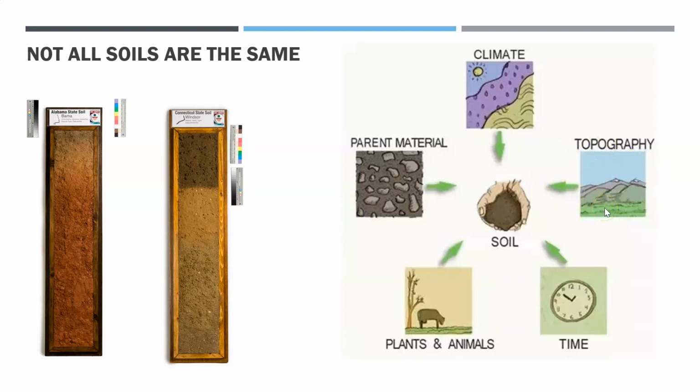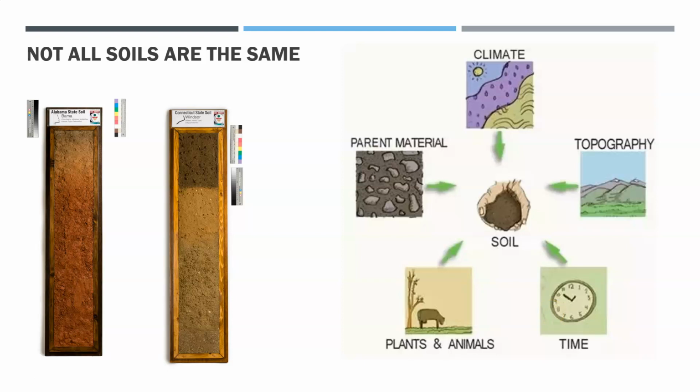We can also be impacted, our soils are impacted by the topography. So the slope of the land determines how quickly that parent material and the subsequent soils are eroded away, so washed away, and where they're deposited and how much sunlight they get. So this is going to change the organic matter in the layers in our soil. Next, we have time. More soil. As I said in the previous slide, it takes 100 years to make 1 inch of topsoil.